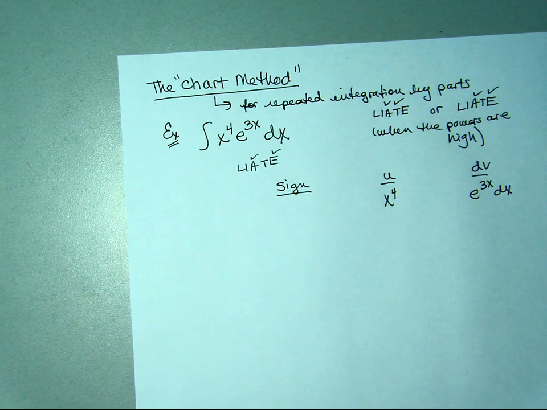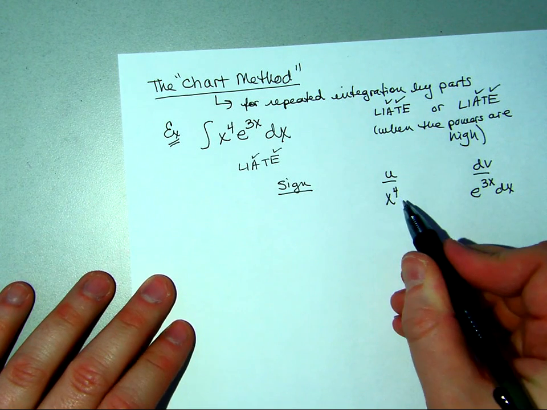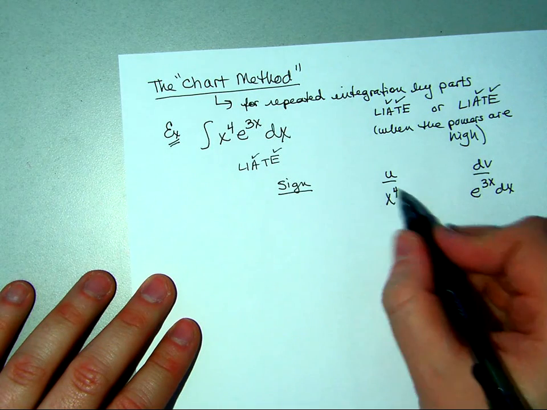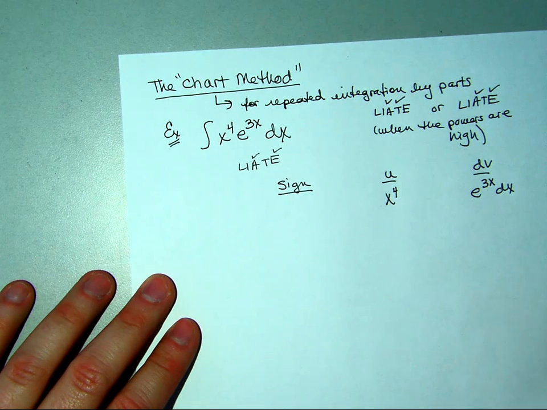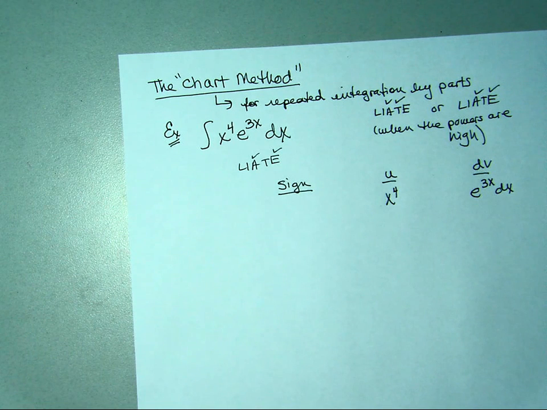But here's the deal. What becomes our du, the derivative of this thing, and what becomes the v, the integral of this thing, will in our next round of integration by parts be that integration by parts is u and dv. We're going to keep doing things like that.